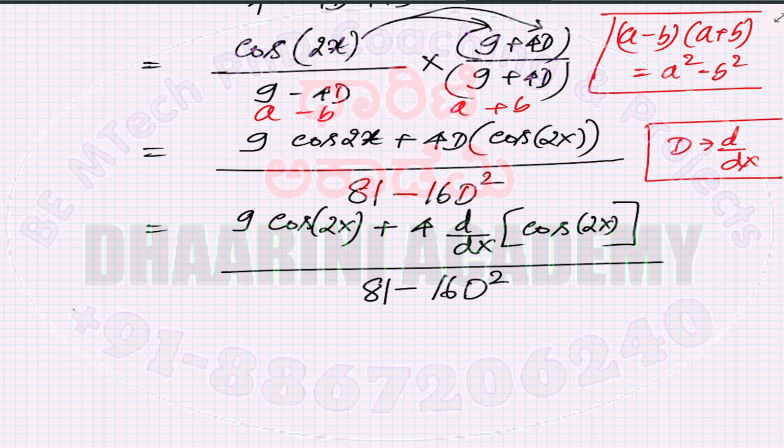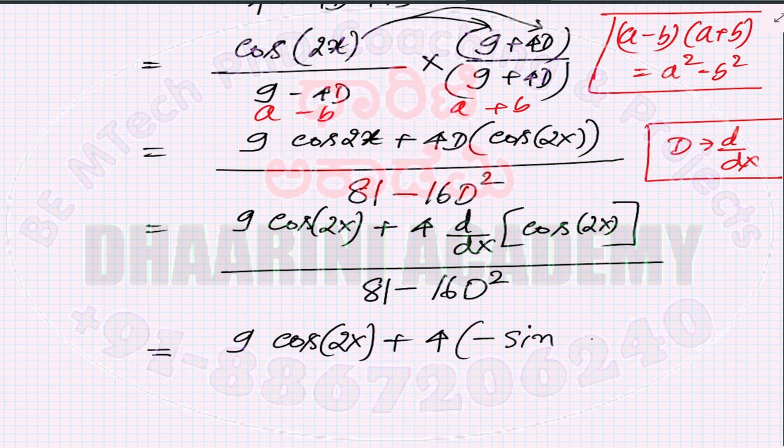So this is equal to 9 cos 2x plus 4 into the derivative of cos 2x. If you remember, the derivative of cos is minus sine. So this is 4 into minus sine of 2x into 2, because the derivative of 2x is 2, right?